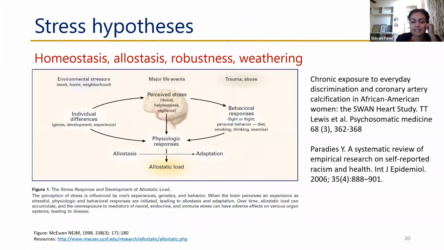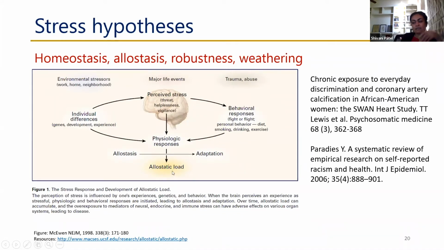I don't have enough time to go very deep with any of these, but there are stress hypotheses suggesting how environmental stressors will trigger a perception of stress and will lead to direct physiological responses as well as behavioral responses that then further exacerbate a physiological response that is bad for health.